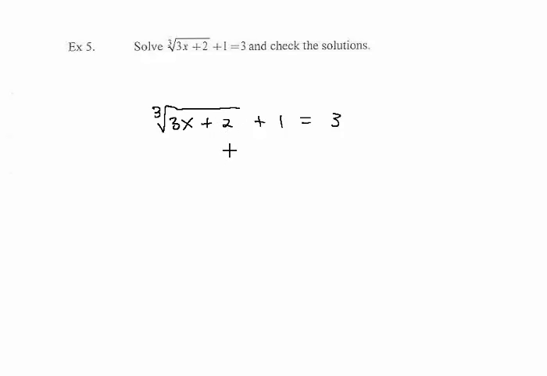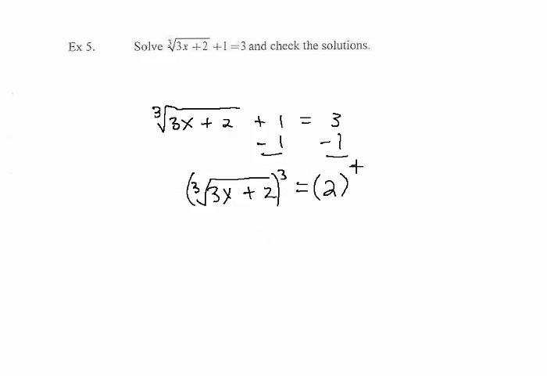Okay, example 5, we now have a cube root. First step is to get the radical part by itself. Subtract 1 from both sides. That puts our radical by itself on the left and gives us a 2 on the right. We now have to cube the left and the right.